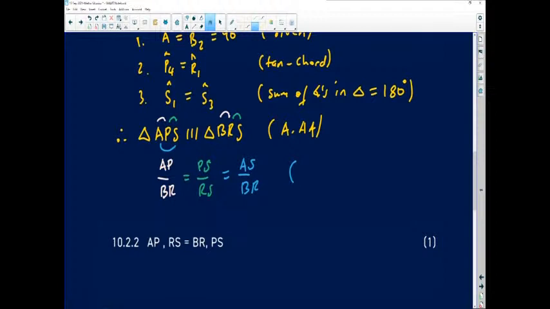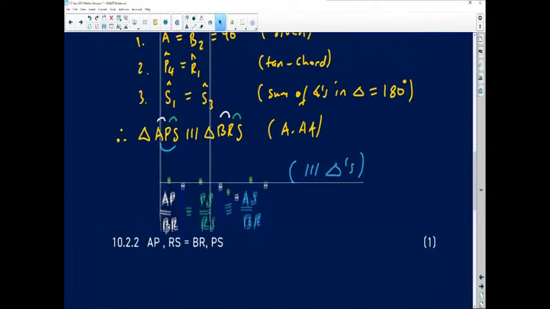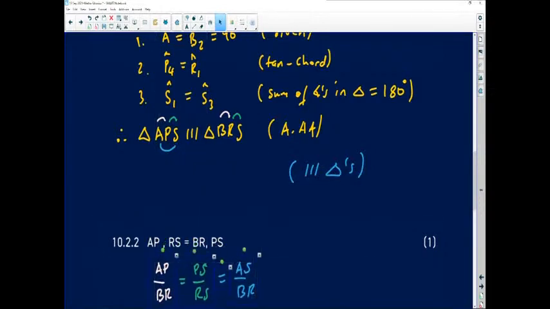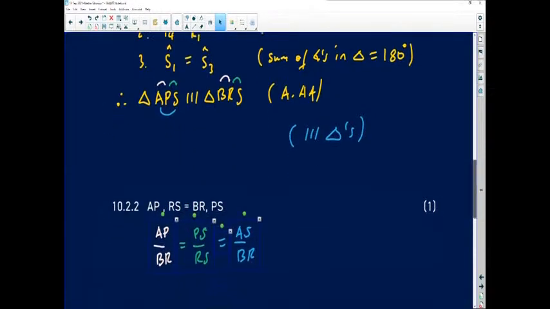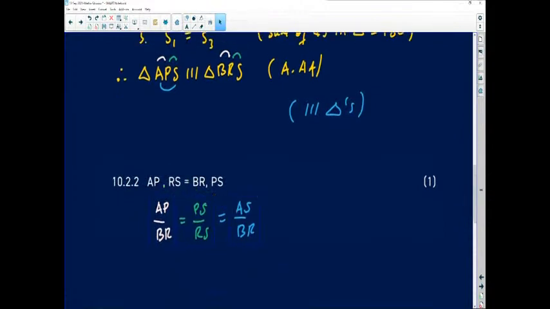And this is because you've got similar triangles. So this relationship that we have here of these ratios is the one that is actually very important. It's the one that you need, because for you to answer the next question, that is definitely what you need as your opening line. You need that ratio to come here as your opening statement, and you can see we're taking it from that very proof we have above.